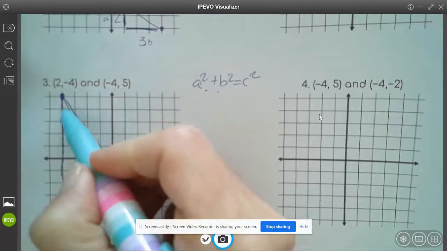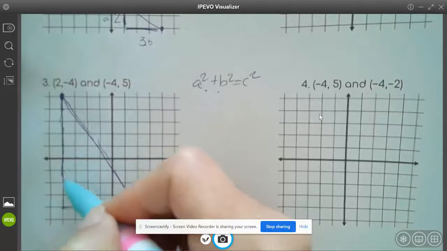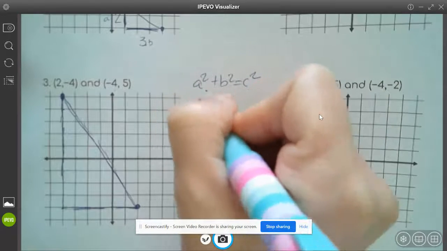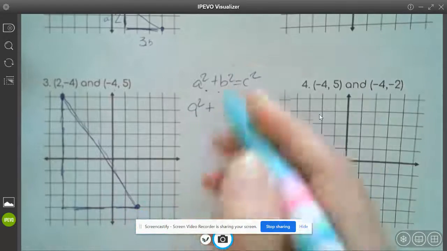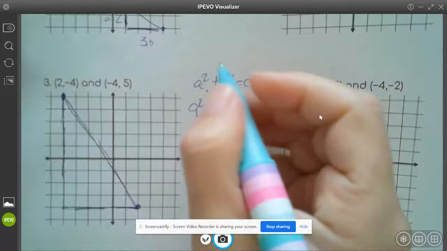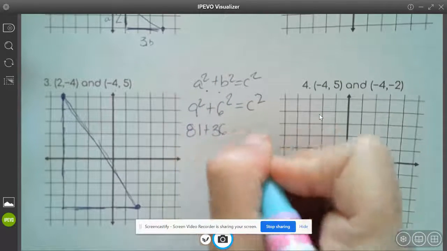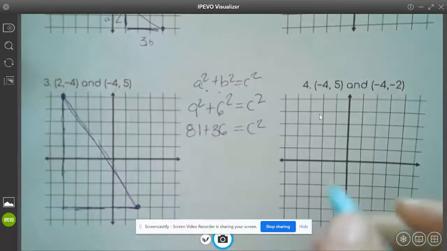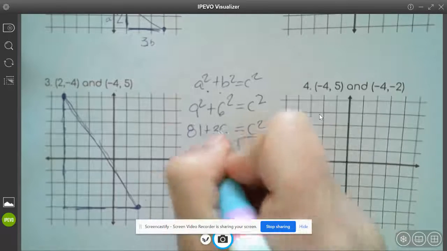All right, so we count the units. So from here, 1, 2, 3, 4, 5, 6, 7, 8, 9. So one of the legs is 9 squared plus 1, 2, 3, 4, 5, 6. 6 squared equals c squared. And then you take the square, so that's 81 plus 36 equals c squared. 81 plus 36 is 117 equals c squared, and then you take the square root.